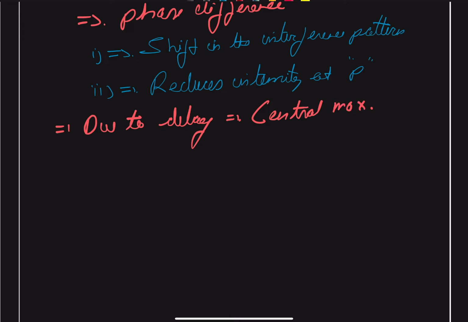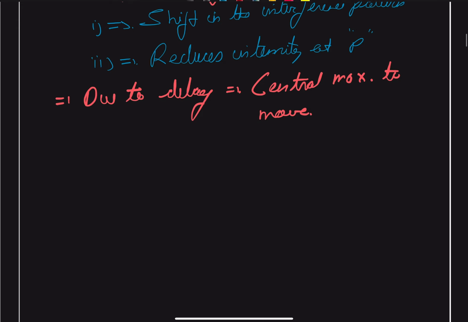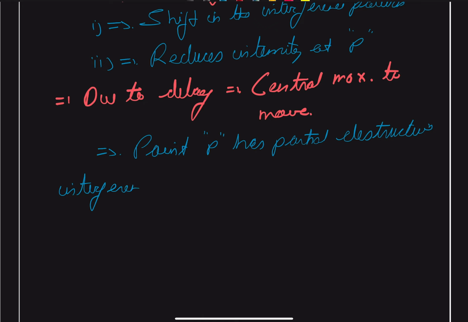And secondly, we can also say that now the point P has partial destructive interference. So its intensity drops.